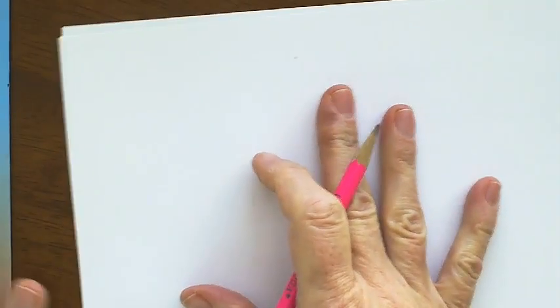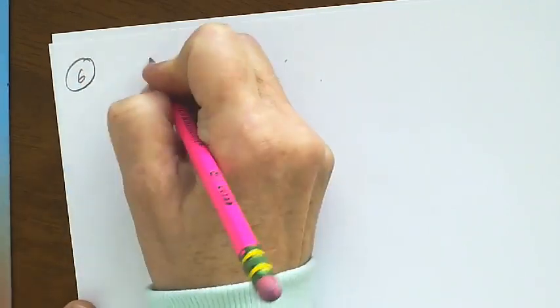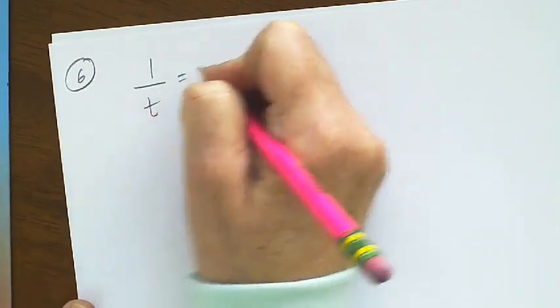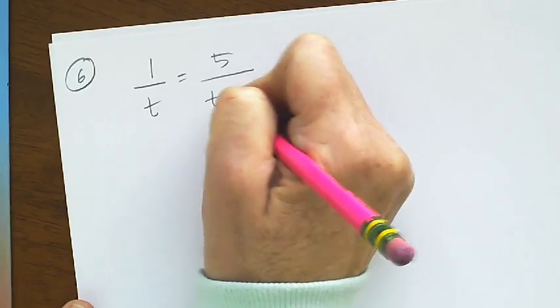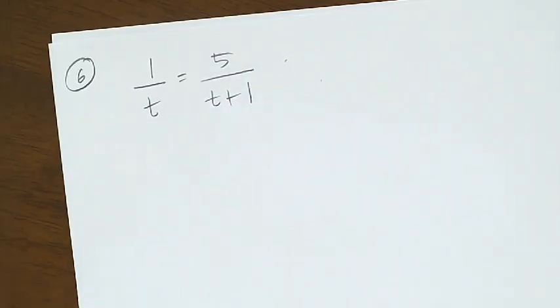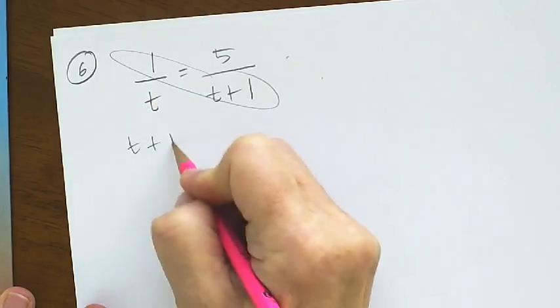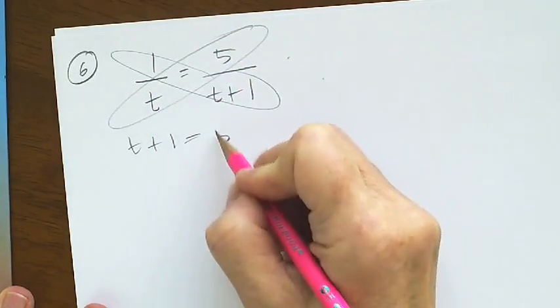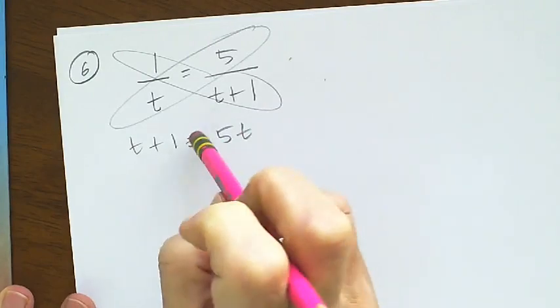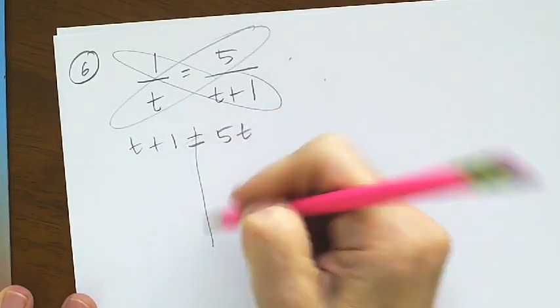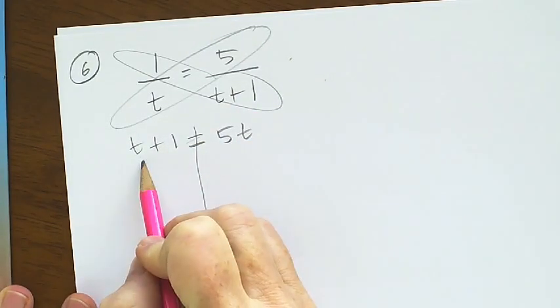Okay, evens. Number 6. 1 over t equals 5 over t plus 1. So I'm going to cross multiply. That's going to give me t plus 1 equals 5t. I have t's on both sides of the equal sign. Which one is smaller?